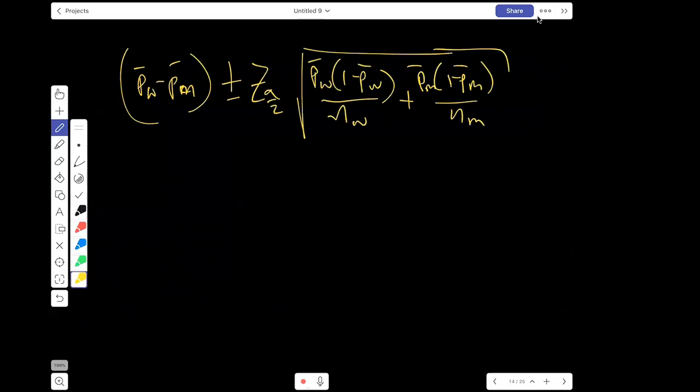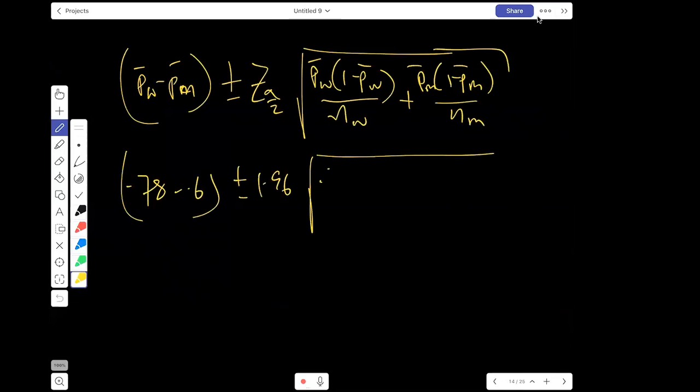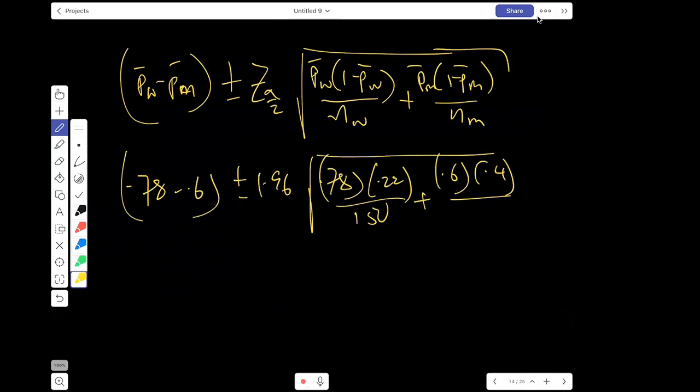So it would be 0.78 minus 0.6, plus or minus, for a 95% confidence interval, 1.96 times the square root of 0.78 times 0.22 over 150 plus 0.6 times 0.4 over 170.